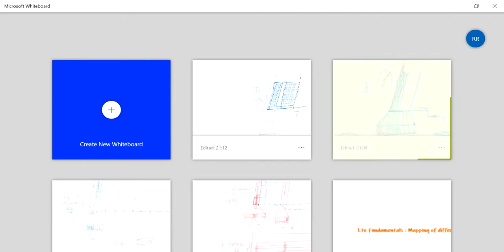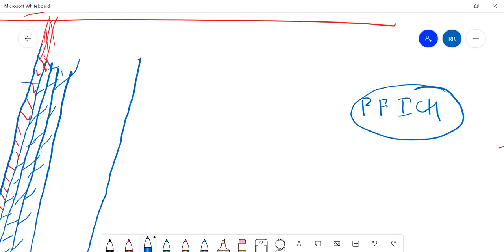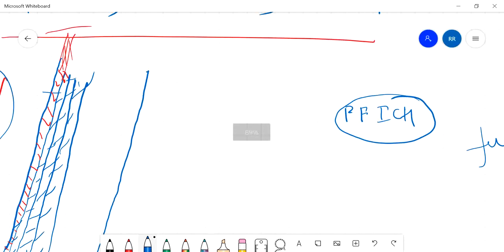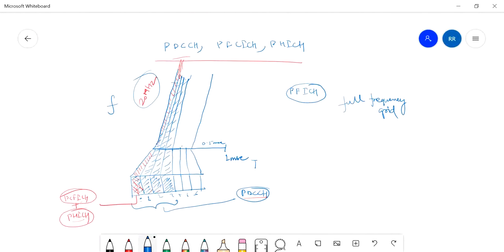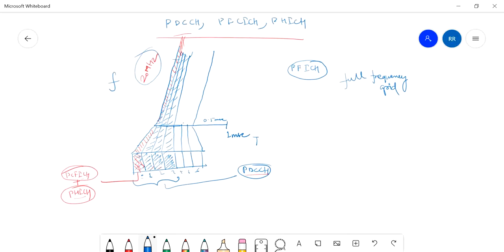One more thing I forgot to tell you in PDCCH. In case of PDCCH, the PDCCH also gets transferred in every first symbol of every subframe, right?